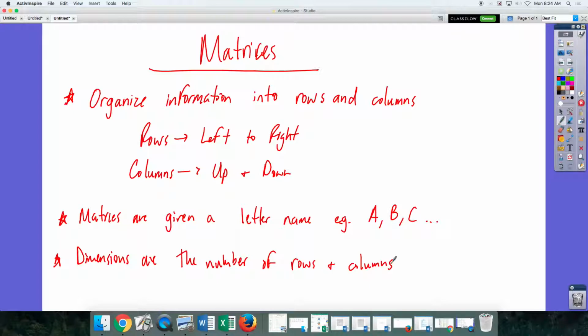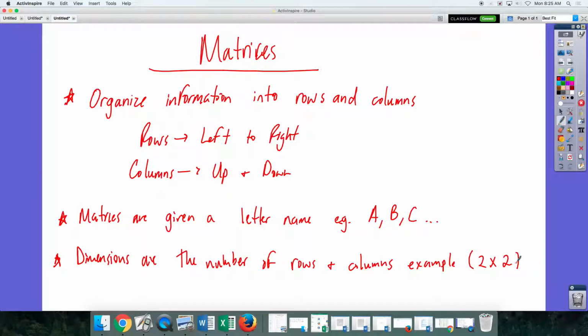For example, if I had a 2 by 2 matrix, a 2 by 2 matrix would mean 2 rows and 2 columns. And this is the dimensions.